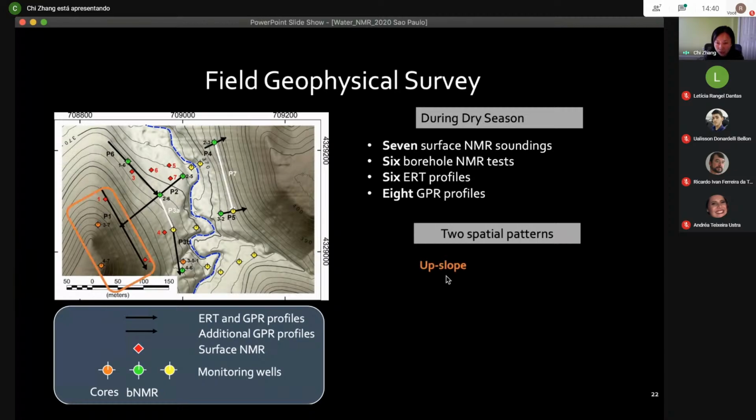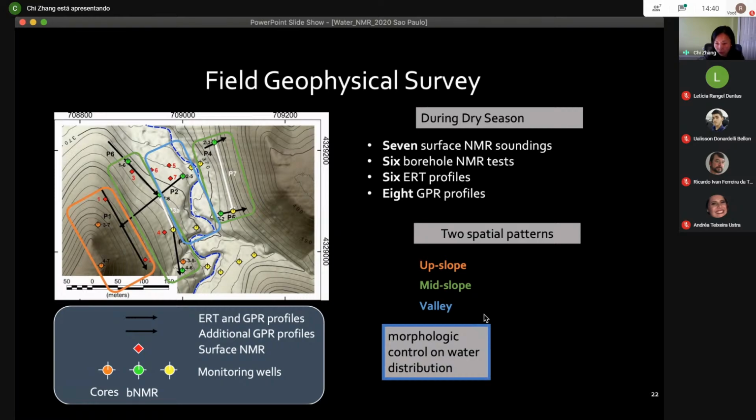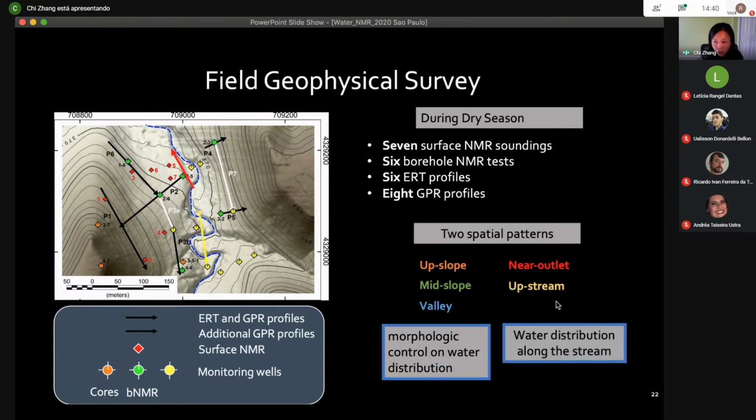We designed our survey to capture the spatial pattern from the upslope to mid-slope to the valley, to look at the morphology control on the water distribution, as well as to look at the stream impact, the surface water groundwater interaction. So along, near the stream outlet and also upstream, to look at the water distribution along the stream.